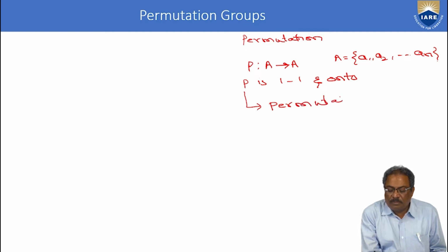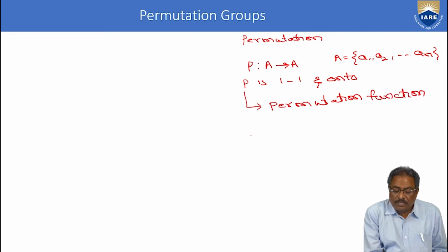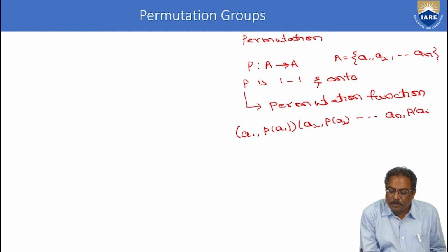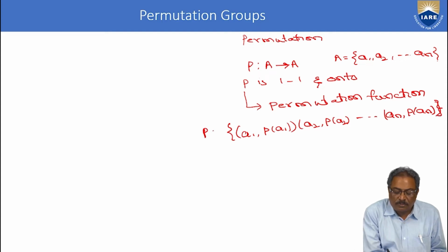Let us assume that A1 is mapped to P of A1, A2 is mapped to P of A2, and so on, AN is mapped to P of AN. So this we are calling a permutation function.